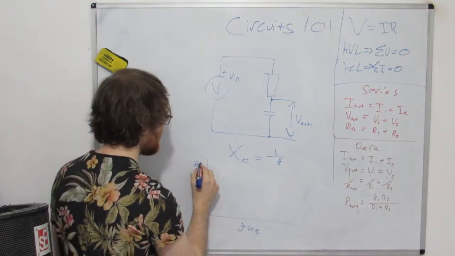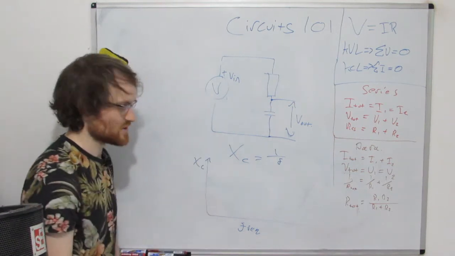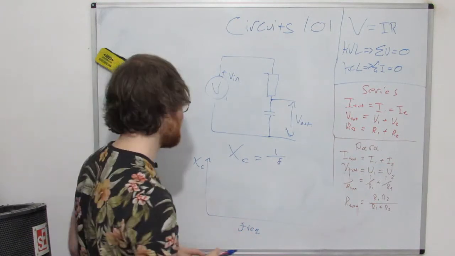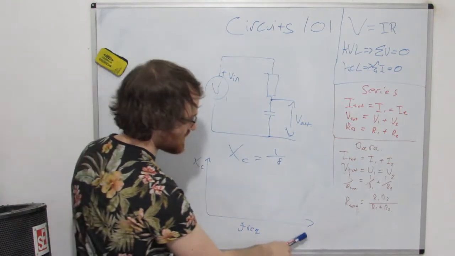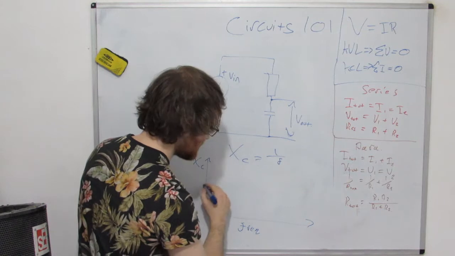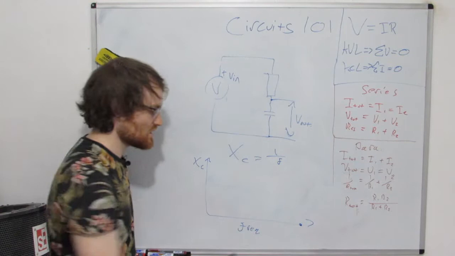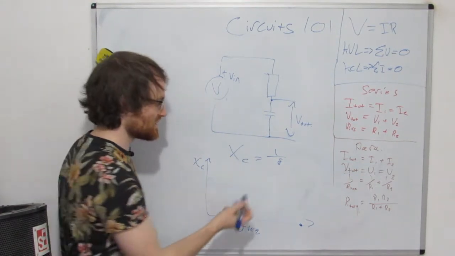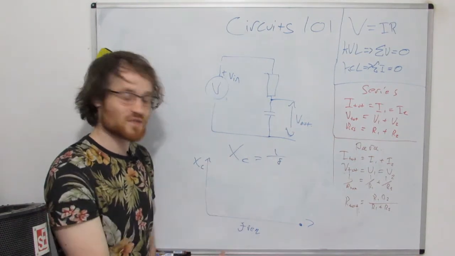This is impedance, or rather capacitive reactance, which for this, on its own, is equivalent to the impedance. I'm not going into the maths of it. When the frequency gets very, very high, this number gets smaller and smaller. So as we go up, we trail off, and at some very high frequency we'll be basically at 0. The opposite is true for a very low frequency: 1 over something approaching 0 gets huge and approaches infinity.